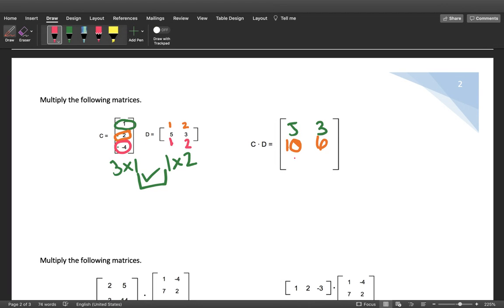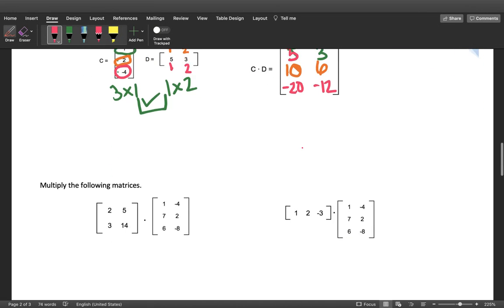So negative 4 times 5 gives me a negative 20. And negative 4 times 3 gives me a negative 12. Okay, I didn't have to do any subtraction because it was just 1 by 1s that I was working with. Make sure that's a 5. And that would be your answer for that one.